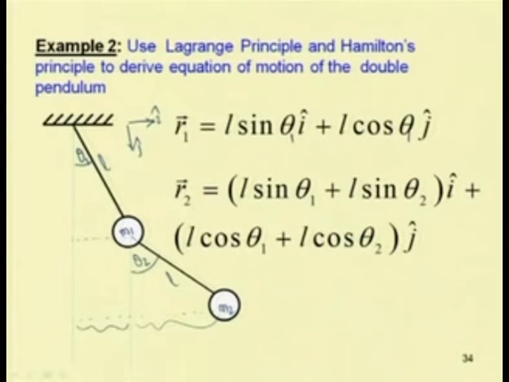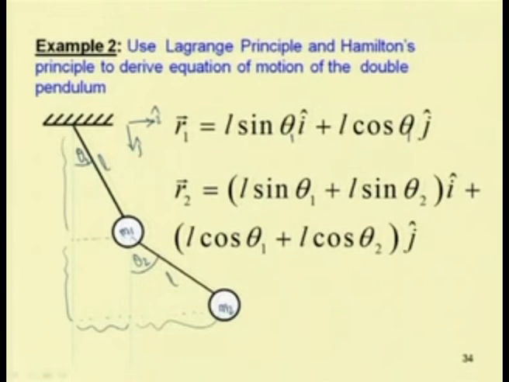So, one can write the x component of the position vector equal to (L sin theta 1 plus L sin theta 2) i, and the vertical part can be written as the addition of this part plus this part. So, this becomes (L cos theta 1 plus L cos theta 2) j. In this way one can find the position vector of the first point and the second point.